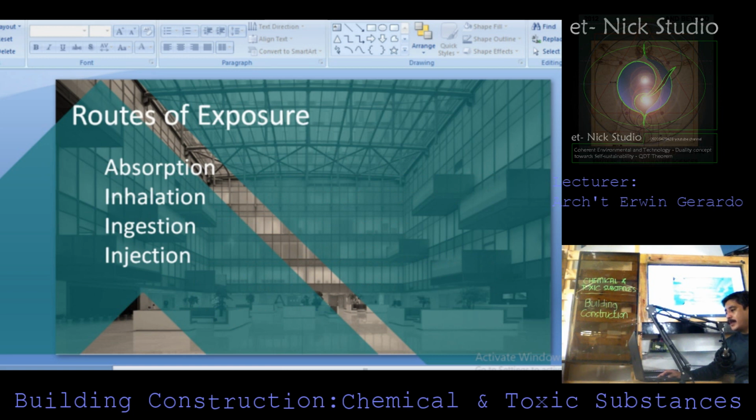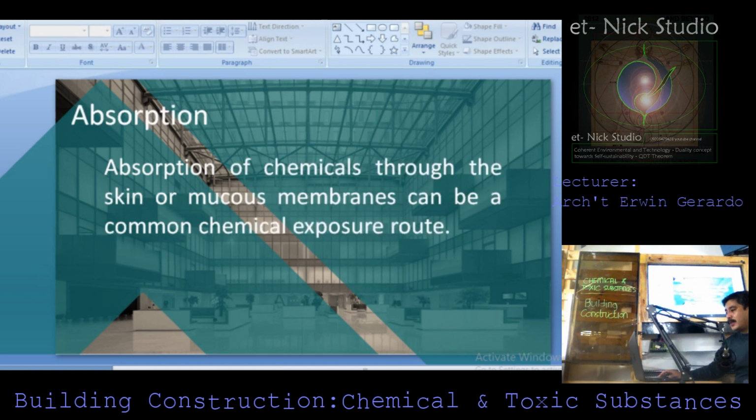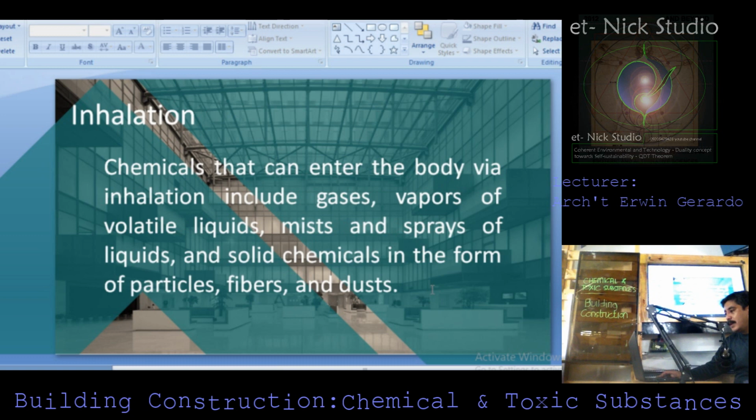Routes of exposure: absorption, inhalation, ingestion, injection. Absorption of chemicals through the skin or mucous membranes can be a common chemical exposure route. Inhalation.